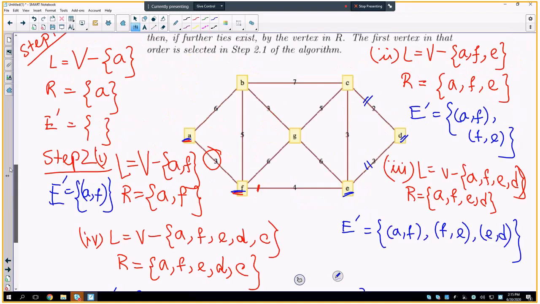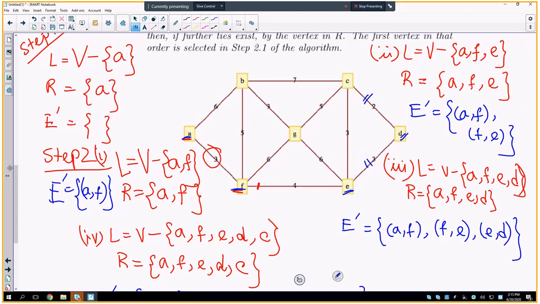So now we have A, F, E, D, and C as part of my partition R, and partition L is the other two vertices, B and G, and we're looking for all the bridges. So the bridges are this edge, this edge, and so on, and you are finding the smallest possibility.